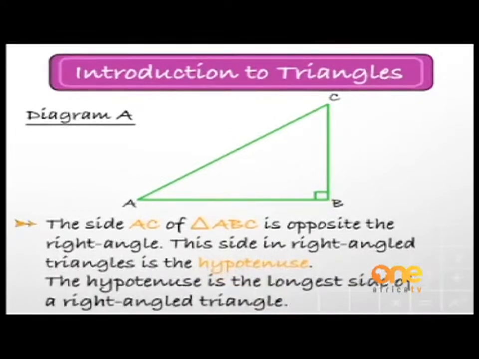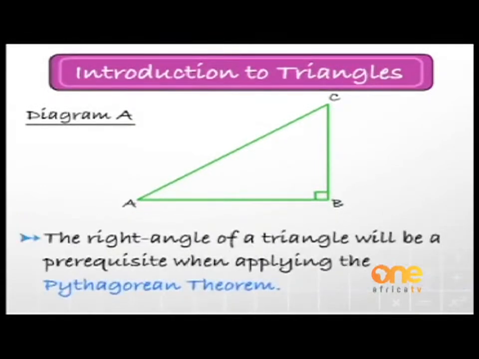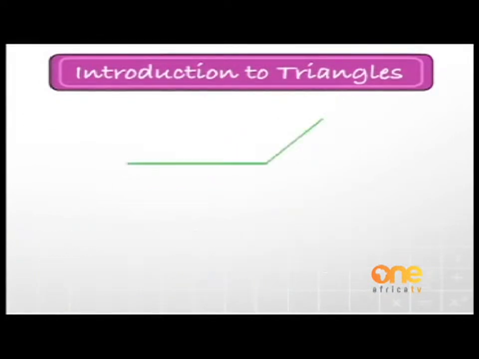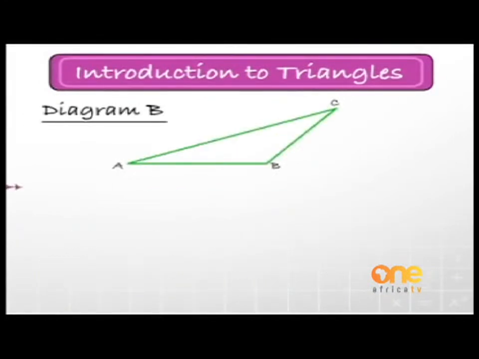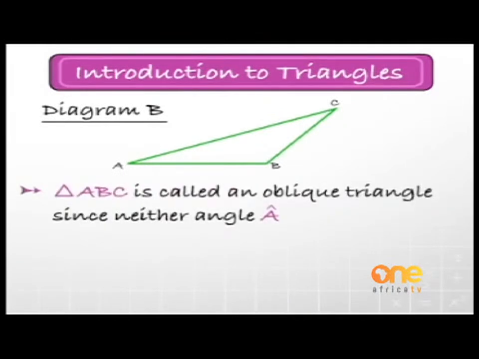The hypotenuse is the longest side of a right-angled triangle. As will be seen in another lesson, the right angle of a triangle will be a prerequisite when applying the Pythagorean theorem.